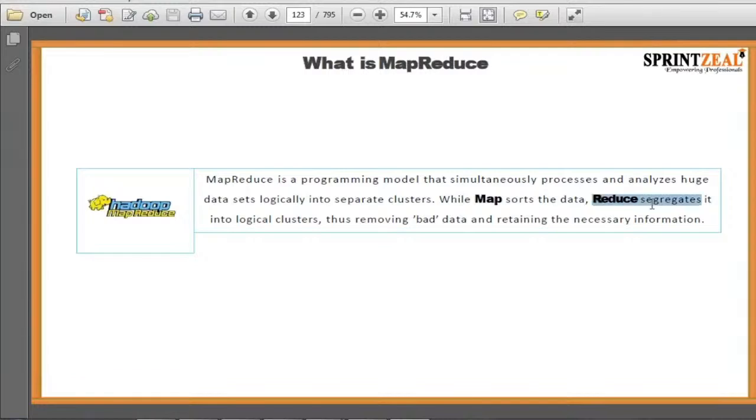The reduce operation is responsible for segregating it, making some logical grouping of the data, and then finally doing the aggregation or reduction that we want to perform. So it's a two-step process. Mapping deals with reading the input data and creating some intermediate data. This intermediate data goes to the reducer, and then we get the final output.